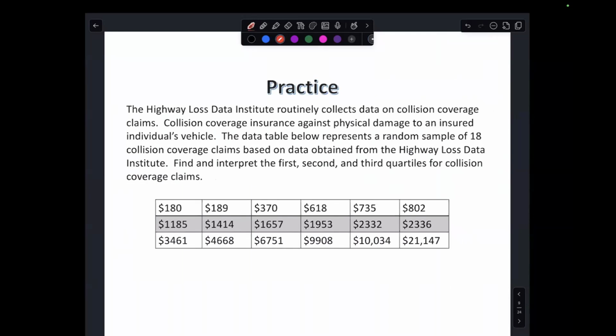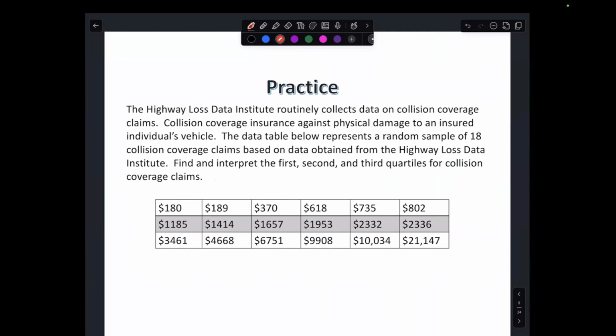All right. So I arranged this in order from smallest to largest. What this is are 18 collision coverage insurance payouts for different vehicles that had accidents.